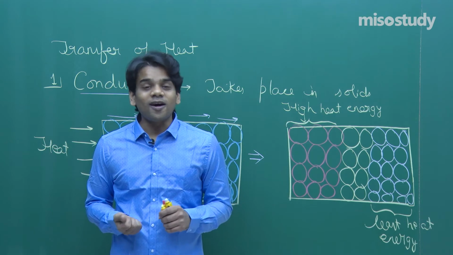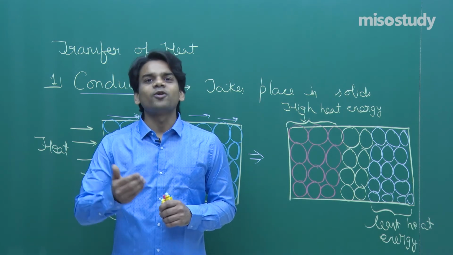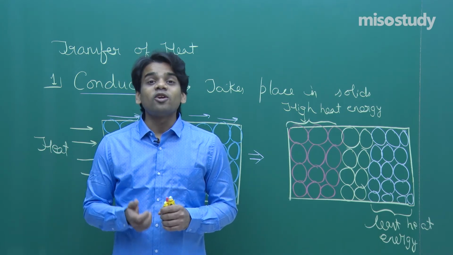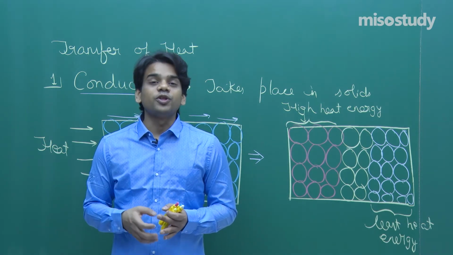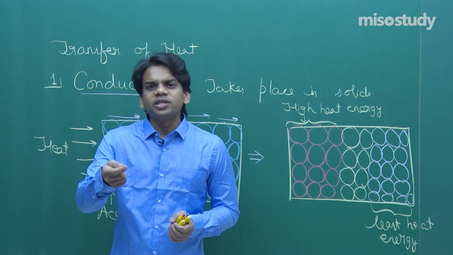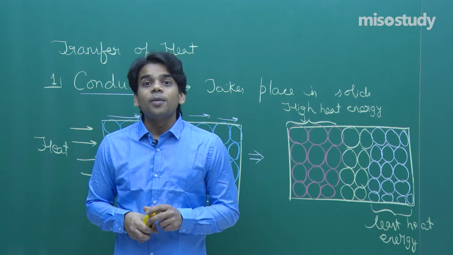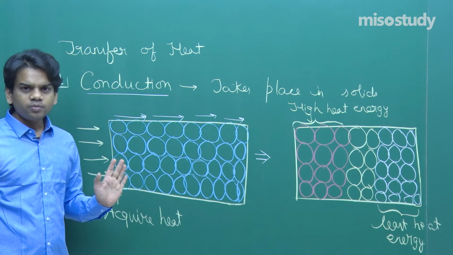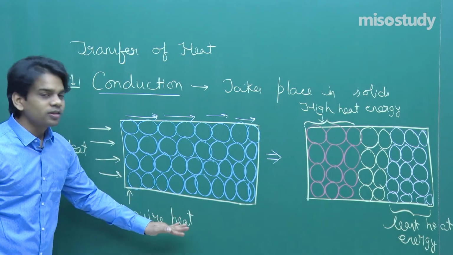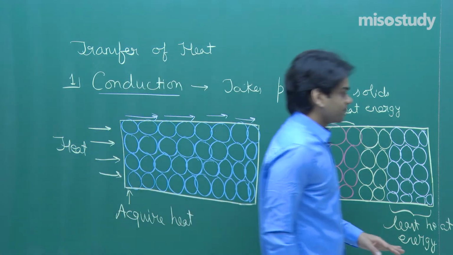Why is that so? Because heat is getting transmitted from one end to the other, and thereby you feel the heat energy within the object. That is how heat transmission takes place by the process of conduction. So take note of all this.